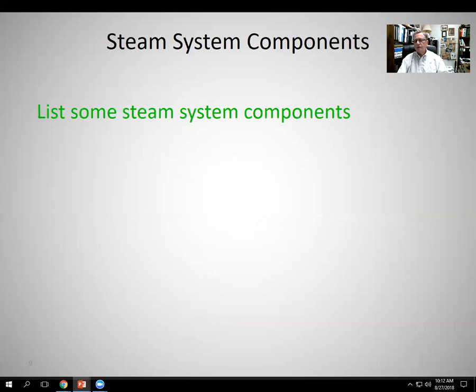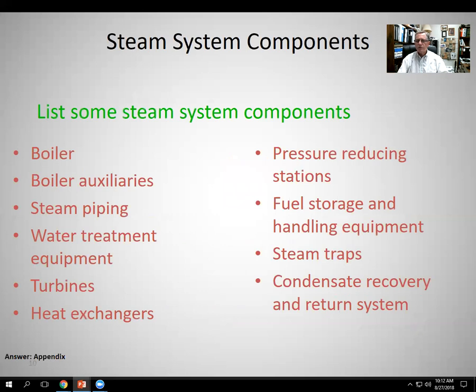Okay, so this is going to be just a list of some steam system components that, unless you have a background in this, you probably don't know a lot about, but we will discuss them through the semester. So the boiler is going to generate the steam, boiler auxiliaries, all kinds of things, deaerator, boiler feed pumps, fans, forced draft combustion air fans, induced draft fans pulling exhaust gases out of the boiler, etc. Steam piping, obviously you've got to distribute the steam to where you're going to use it.